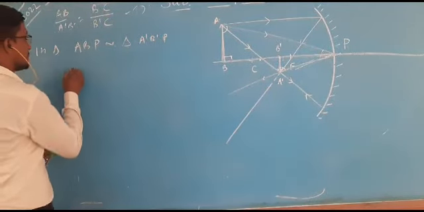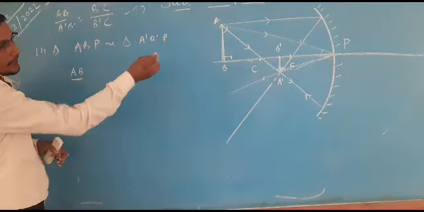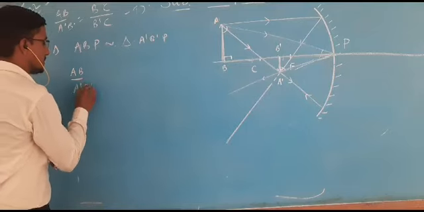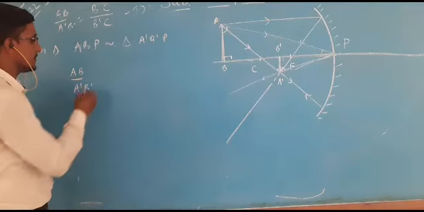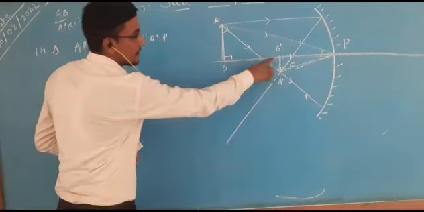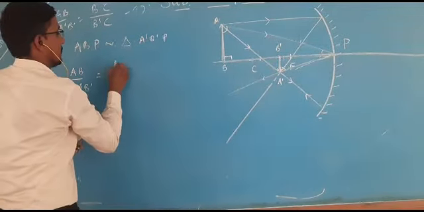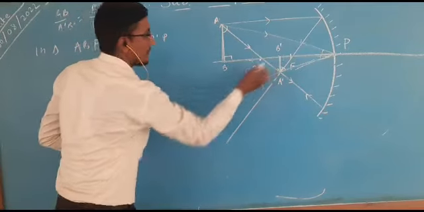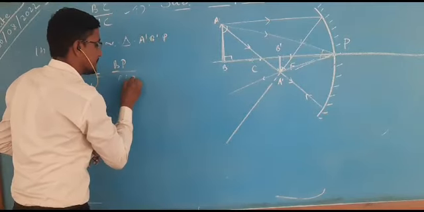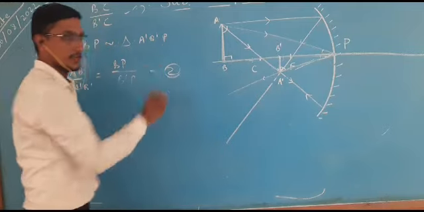So corresponding sides are AB upon A dash B dash, which is equal to BP upon B dash P. This is our equation number 2.